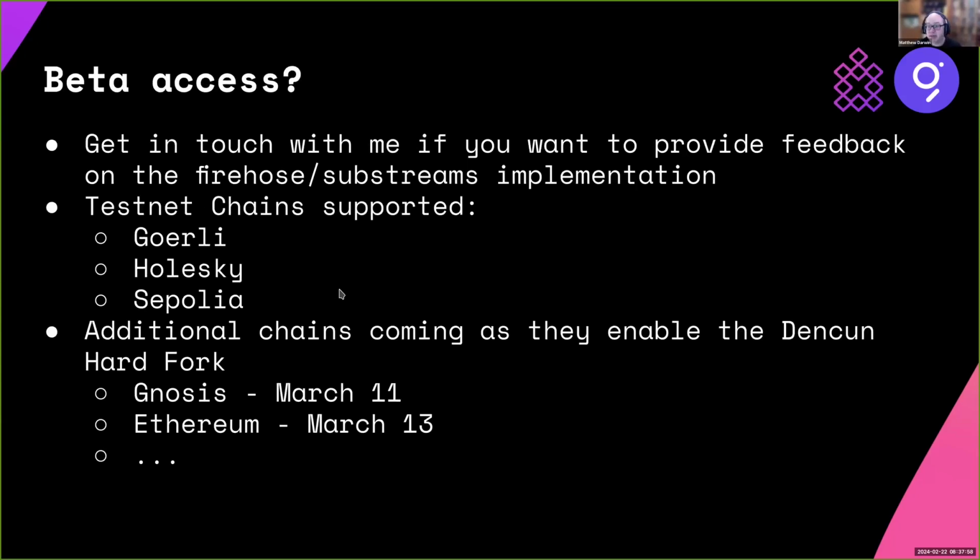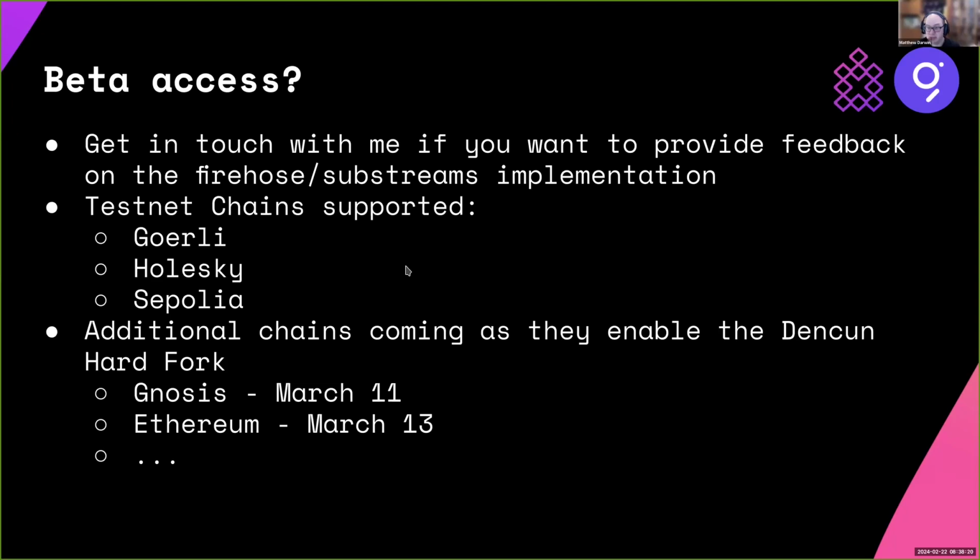We do have this running in Pinax infrastructure. So if you want access to this Firehose and Substreams implementation, feel free to send me a message and we can see about getting you set up. We're going to support Goerli, Holesky, and Sepolia, the testnets, where the Dencun hard fork has been enabled.